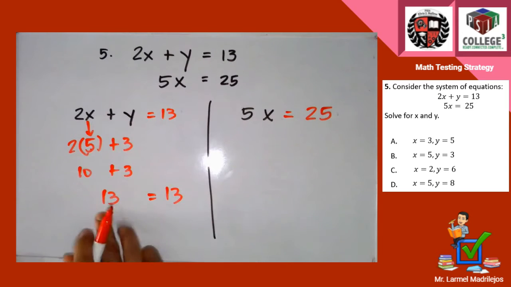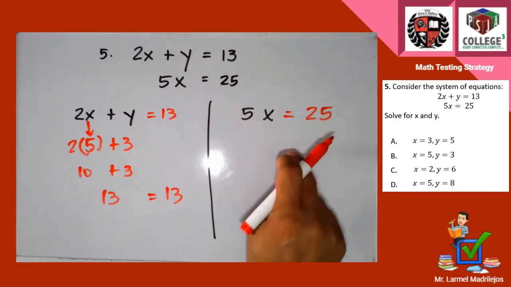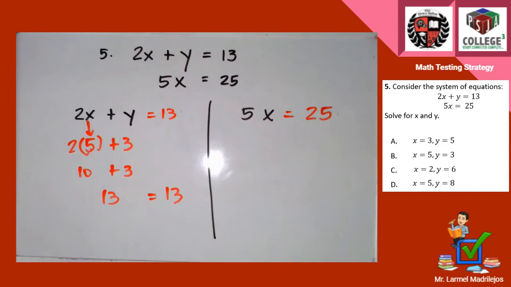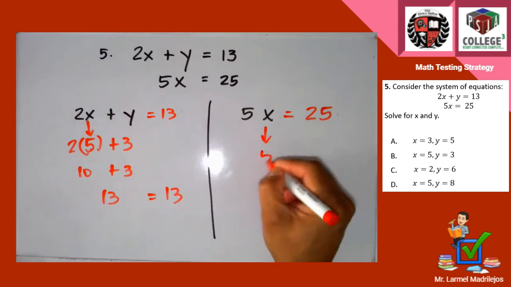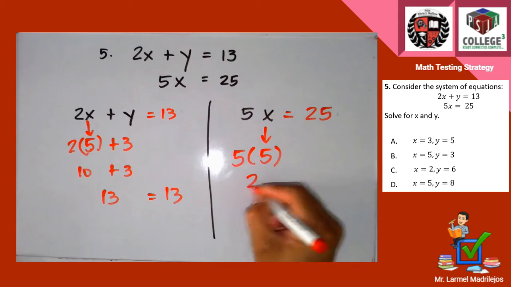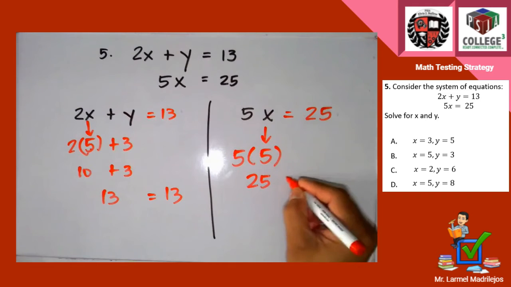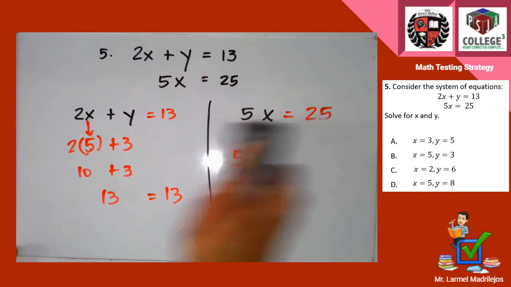But let's verify if this choice matches the other equation here. So the x is going to be 5. So 5 times 5 is 25. 25 is equal to 25. So answer is B. Next question.